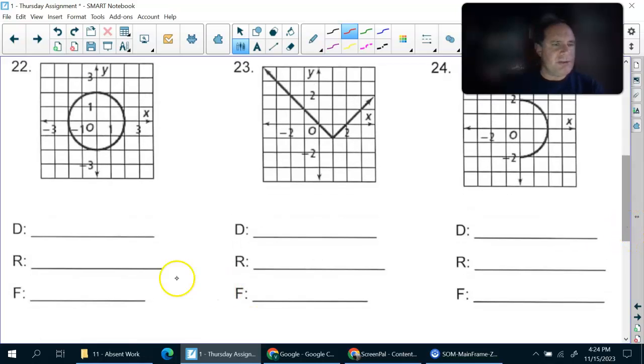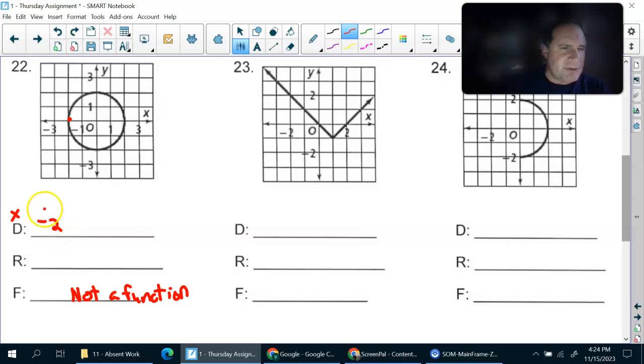For number 22, this is not a function. The reason is if you did the vertical line test, it crosses twice. So every x does not have its own y. So if we're looking at the domain, we're looking at the leftmost part of the graph first. This is -1, this is -2.